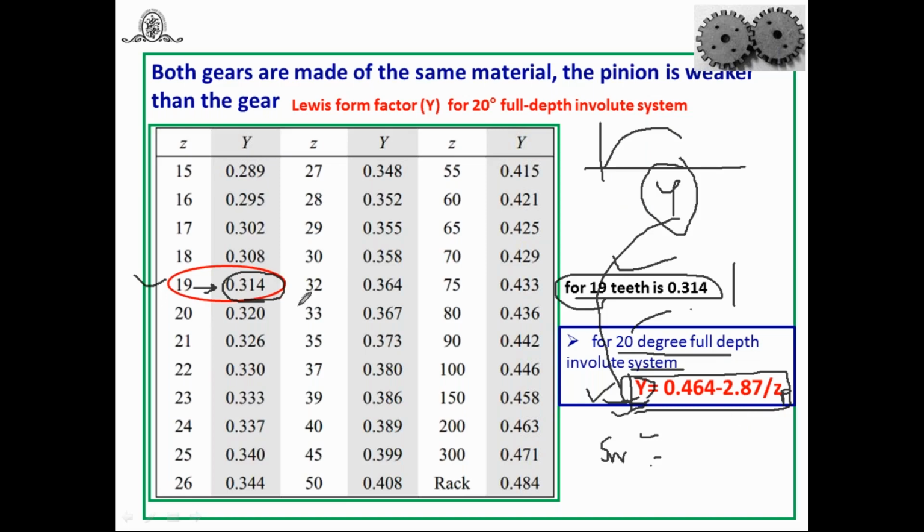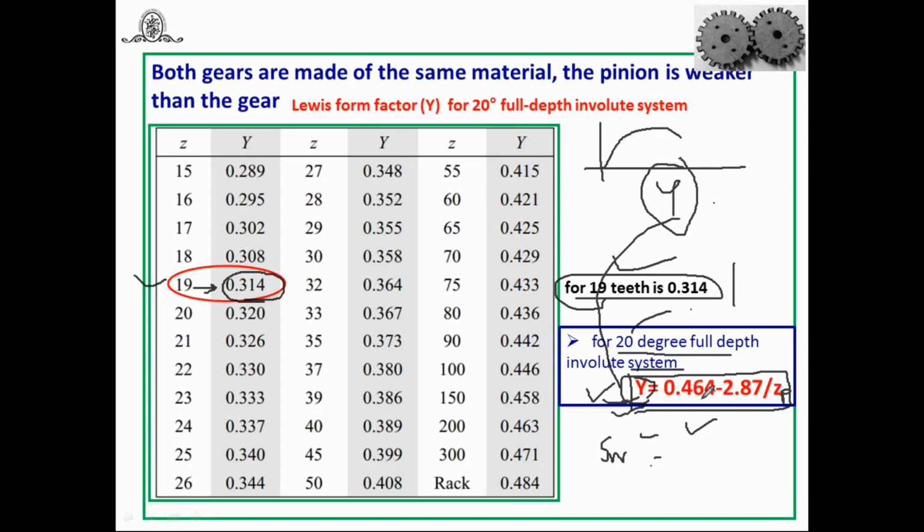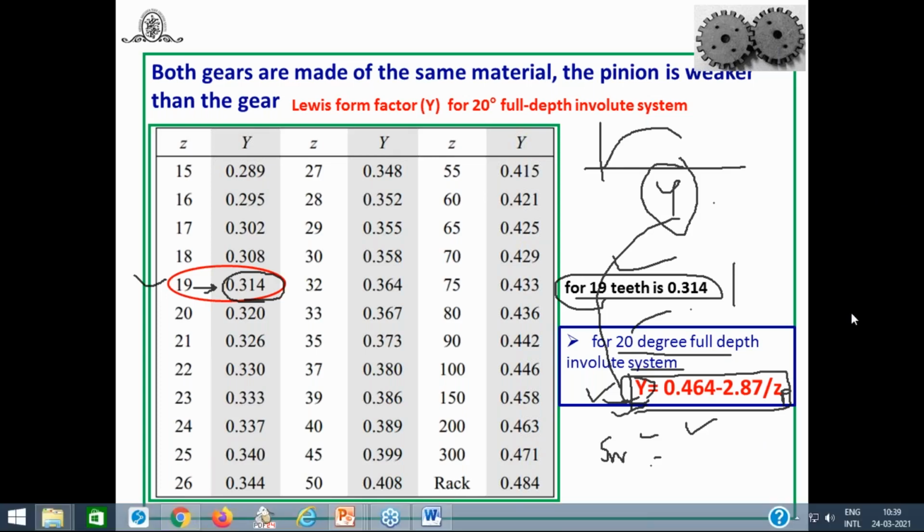So don't bother about that. If the table is given, you can refer to the table. If the table is not provided, you have to use the empirical relation to get the value of the Lewis form factor. You will not get exactly the same answer, but there is a small variation, because these formulas are derived using curve fitting analysis. So don't bother about that.